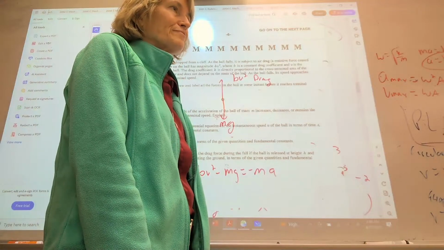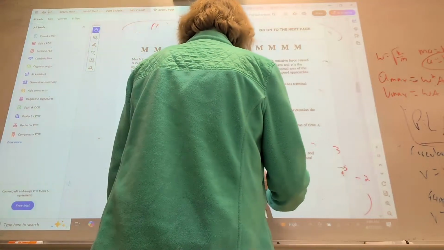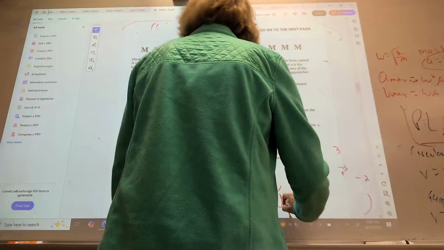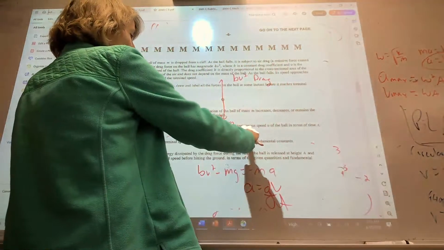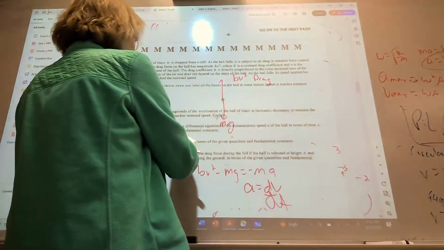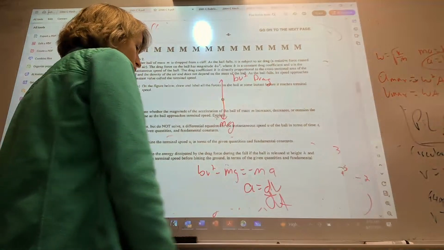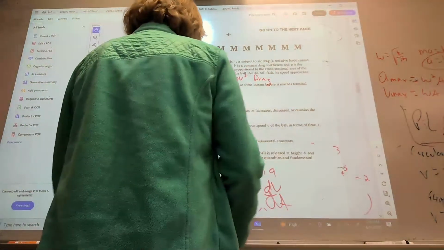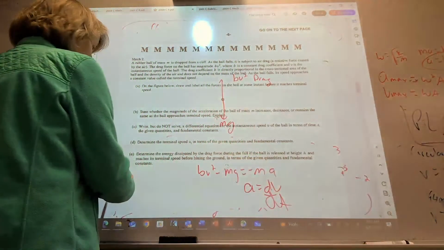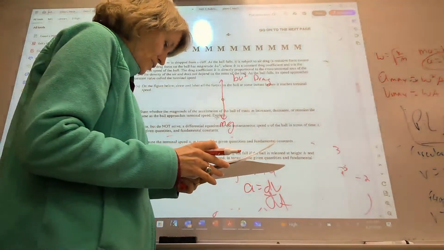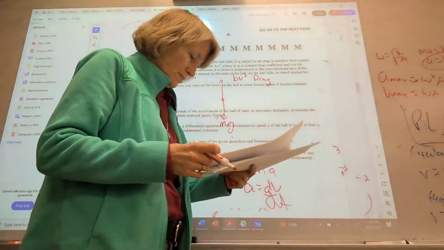Acceleration equals dv dt. Right. All you have is your acceleration is dv dt. A differential equation for the instantaneous speed of the ball in terms of time and fundamental constants. Okay, so you're plugging that in for a. Then you isolate your dv dt.